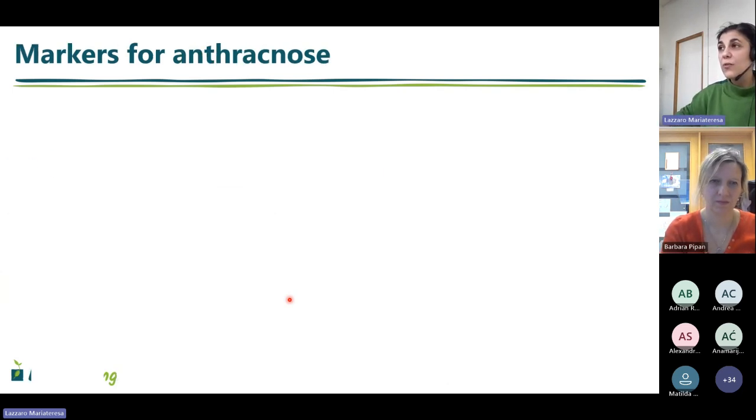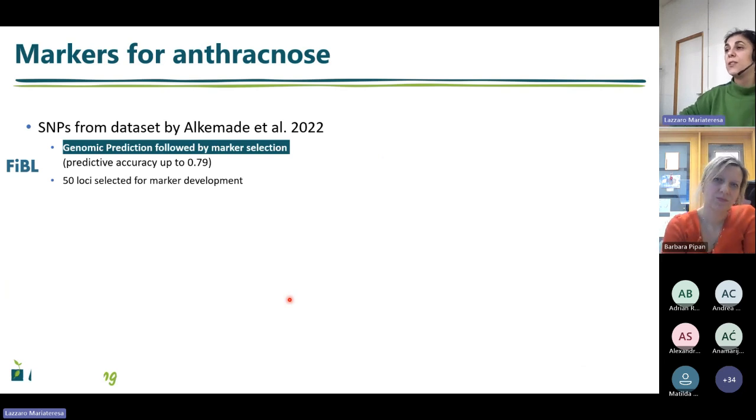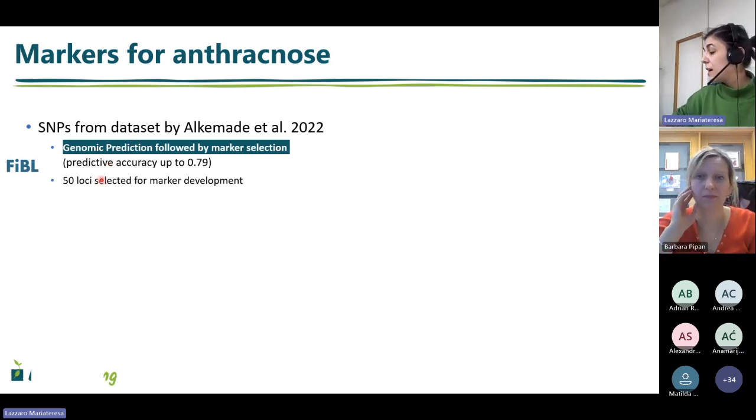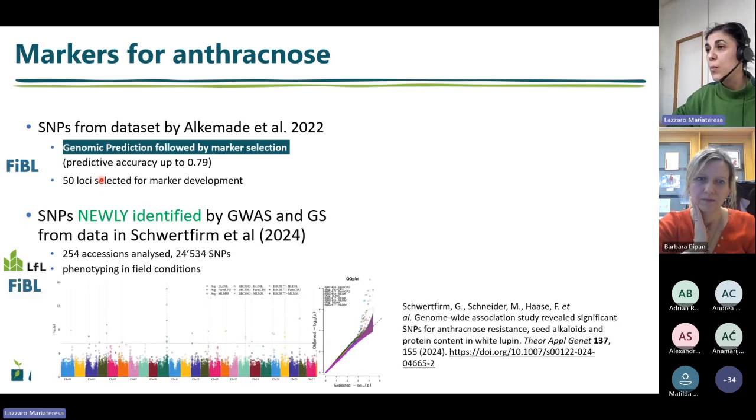So we followed up with a different approach, using the same dataset from our GWAS to do genomic prediction, followed by marker selection. This is the simplification approach that Michael was explaining in the morning, in order to have 50 loci to use for, let's say, a reduced genomic selection model.